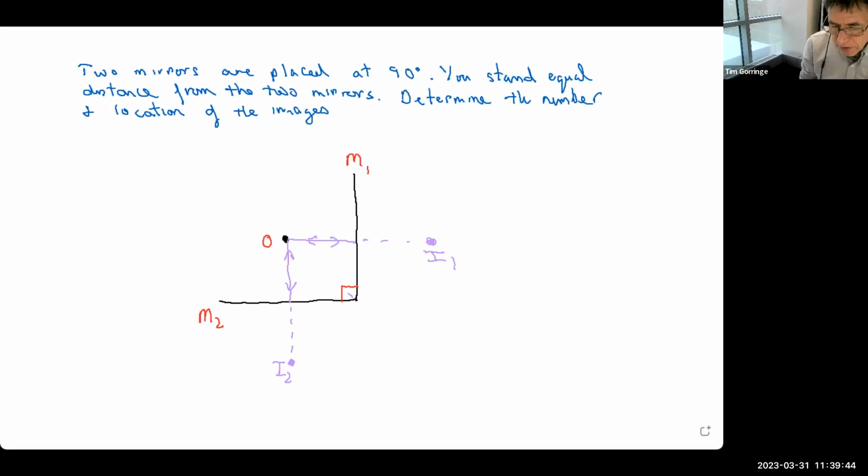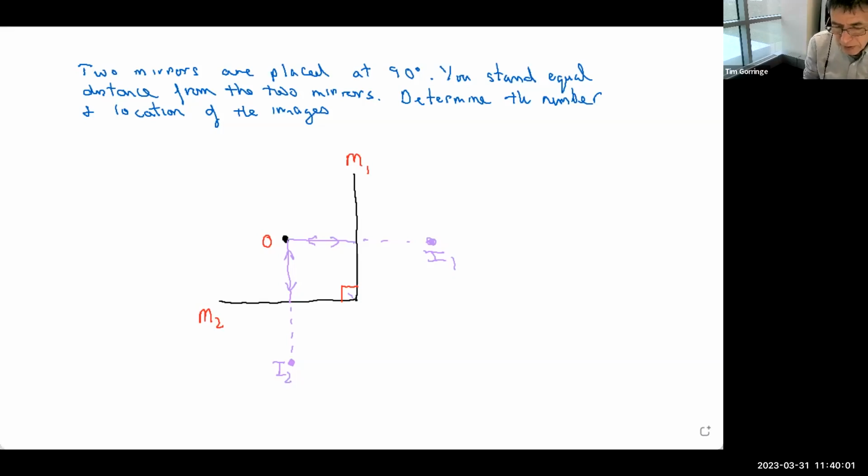The third image in this situation is created by two reflections. That's a reflection in, say, the vertical mirror, and then a reflection in the horizontal mirror, or vice versa.